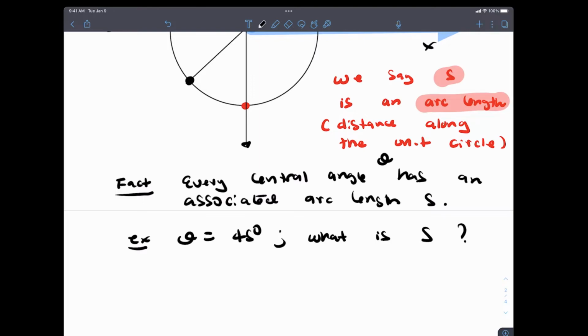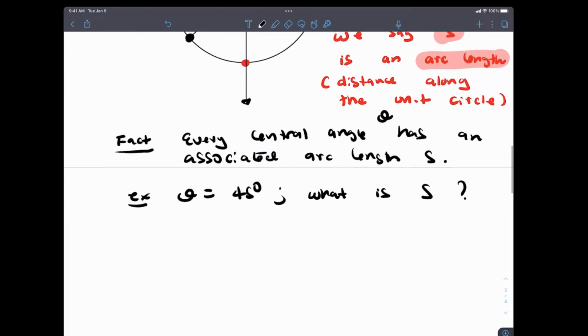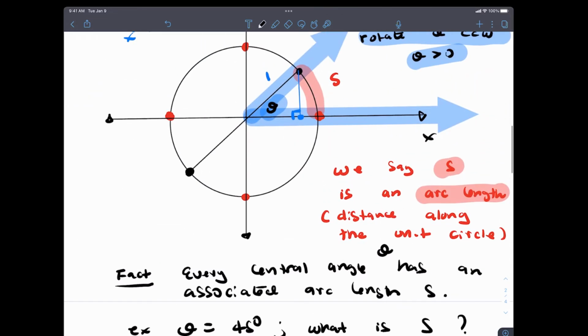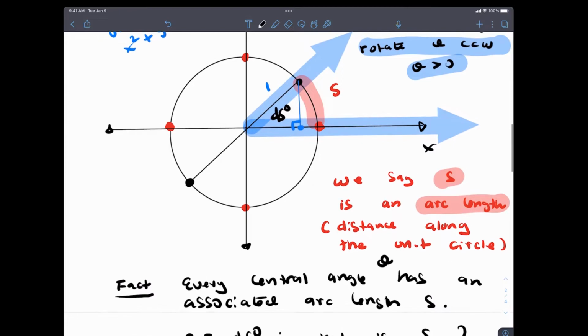So if theta is 45, we need to find the arc length. Does anybody know how? All they're saying is that the central angle is 45 degrees. What's the distance here now if we change this to 45? Easier said than done. What's that arc length?